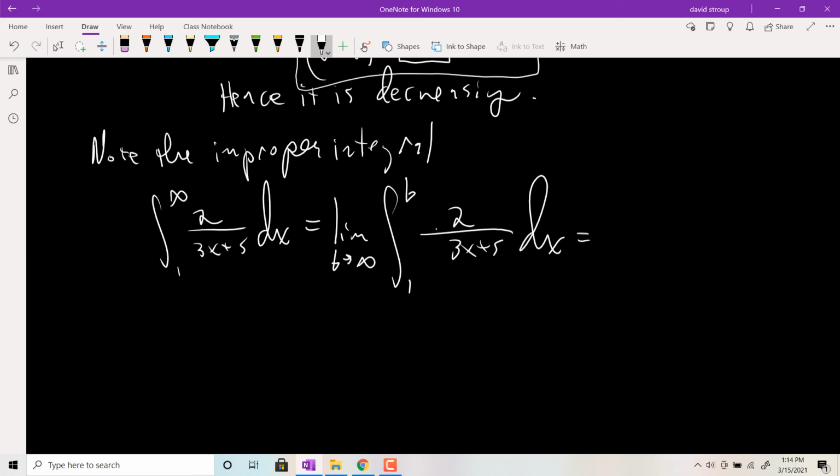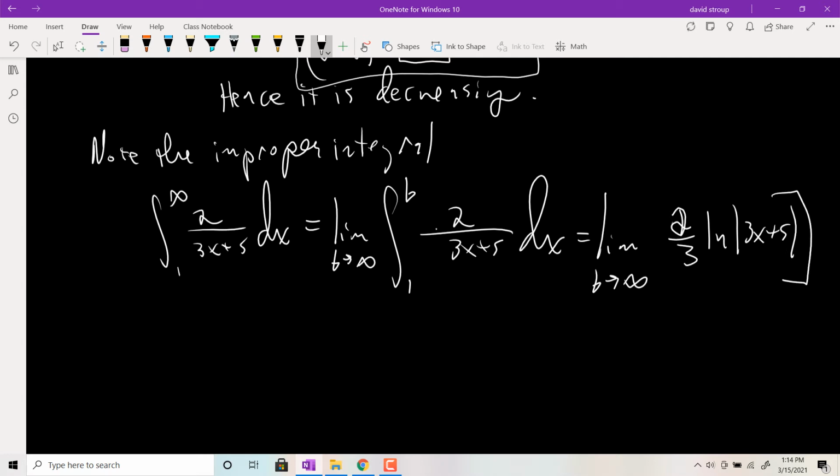So you'd have a 1/3 constant out in front, and then you'd have 2 over u, so you could pull out a 2. The integral of 1 over u is ln of u, and then back subbing you get ln of the absolute value of 3x plus 5, going from 1 to b.